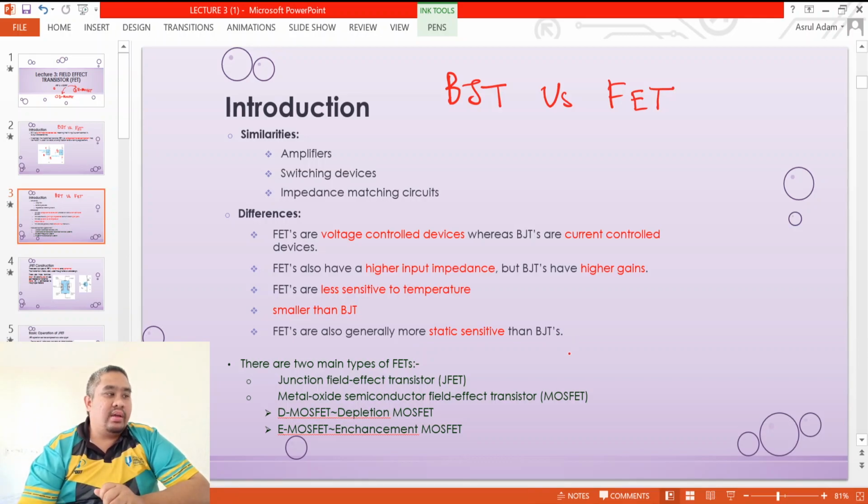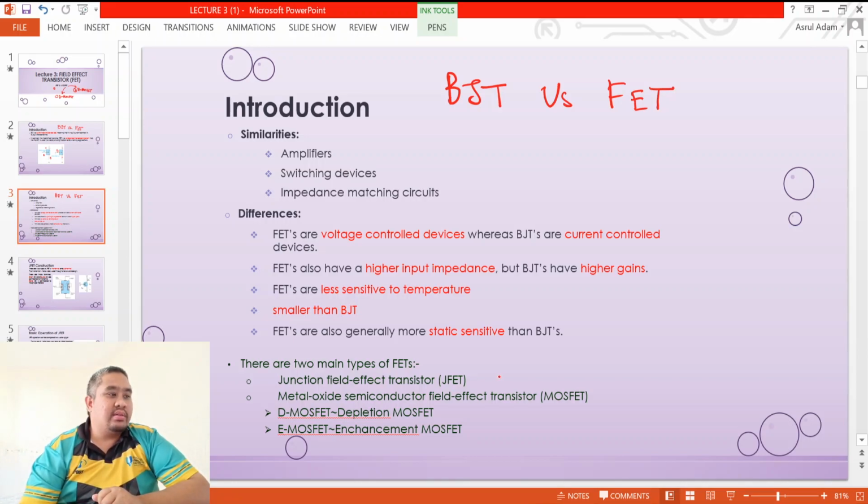There are two types of FET, as I mentioned in the first slide. We have the Junction Field Effect Transistor, JFET, and the Metal Oxide Semiconductor Field Effect Transistor, MOSFET. Under MOSFET we have the DMOSFET, which stands for depletion MOSFET, and the EMOSFET, which stands for enhancement MOSFET.